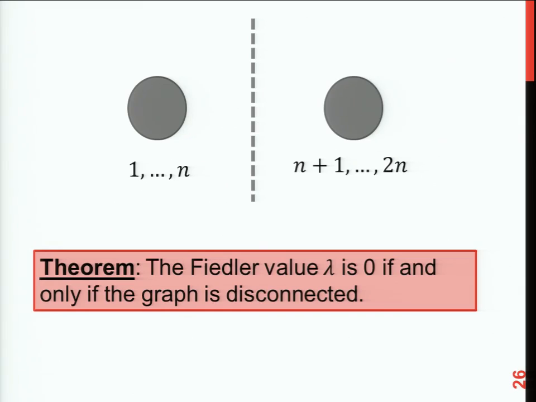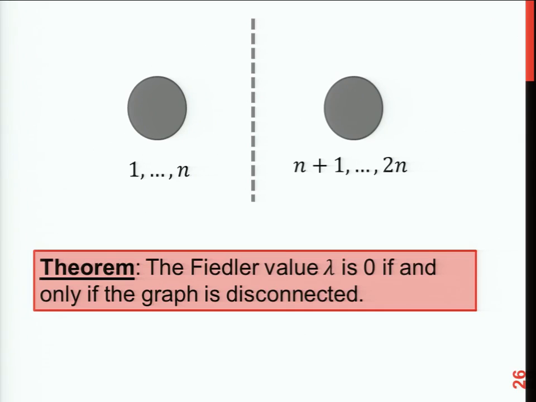Then you would find the best cut along this, and here there is just one thing to check. You just check this and see the conductance is 0. So here it actually gives the exact answer. In fact, you have this theorem that this Fiedler value lambda is 0 if and only if the graph is disconnected.